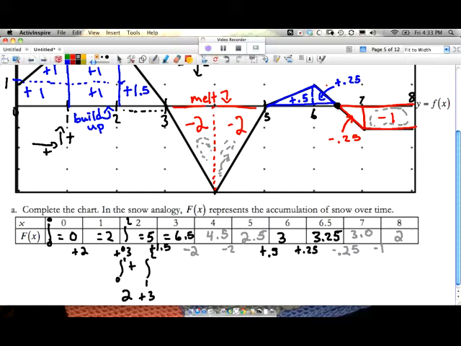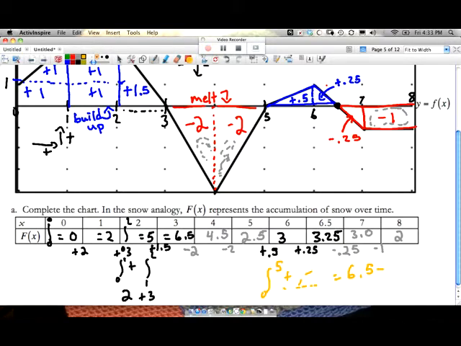Now you might be thinking, but you just did that step by step. Could I just find one of them without going through each one individually? Yeah, you can. So for example, if I wanted to find the area from 0 to 5, I would take all the positives, all the negatives, add them up, and see what I get. From 0 to 5, I got 6.5 positives.